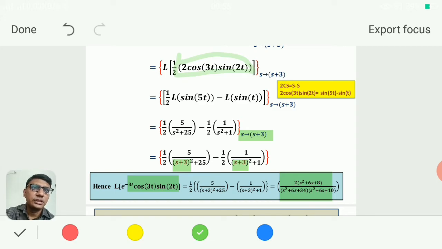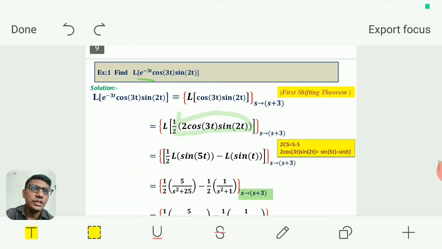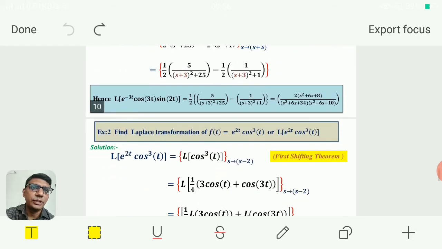So here we can apply the first shifting property when our function is multiplied with e raised to at, or e raised to minus bt, or any other exponential function. Let us see one more example of the Laplace transform first shifting property.